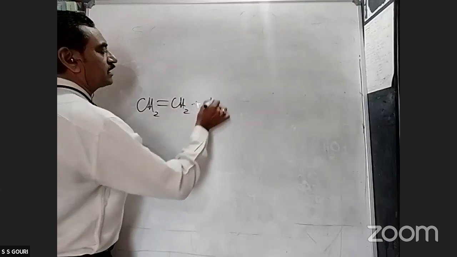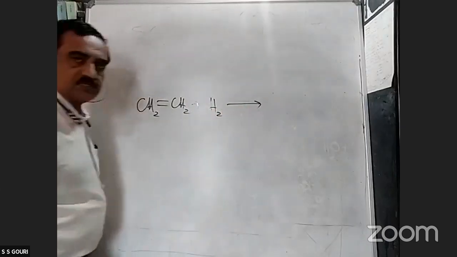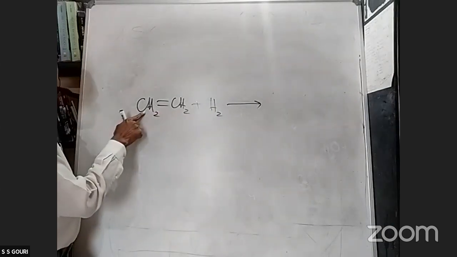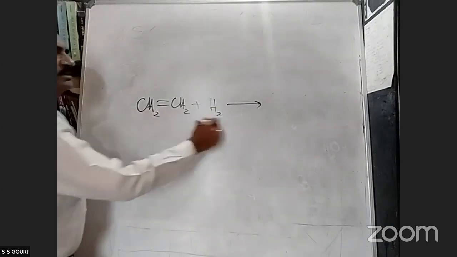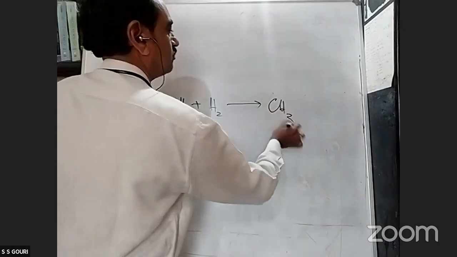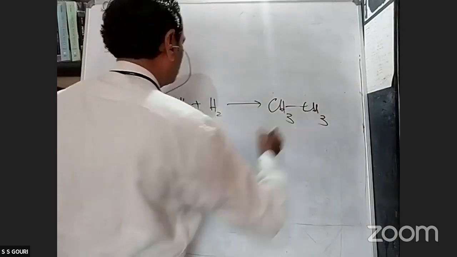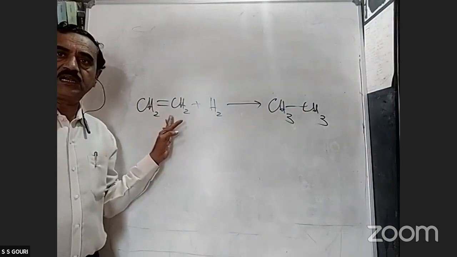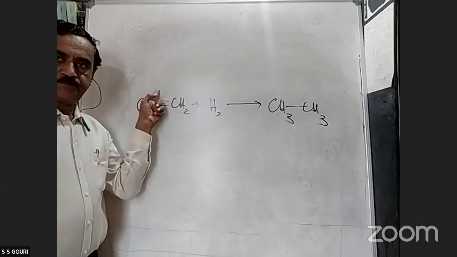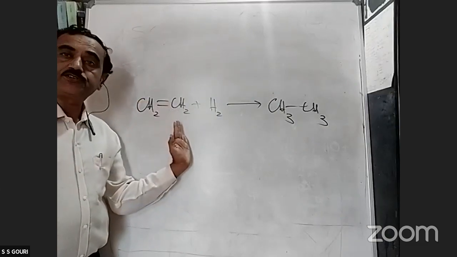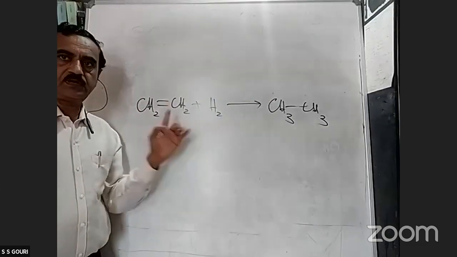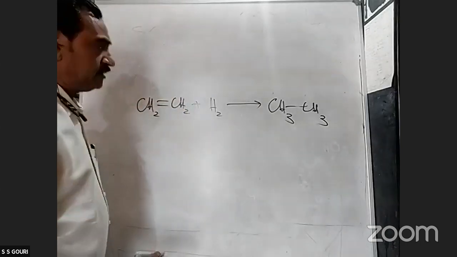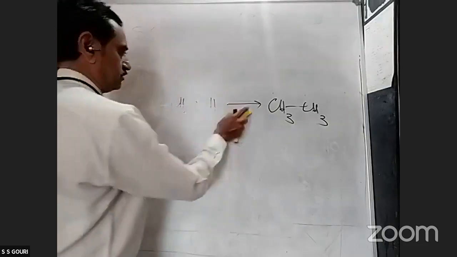When I make it react with H2 in presence of nickel catalyst, what happens? One H is added to this, another H is added to this, and it becomes CH3-CH3. We removed nothing from this molecule, we only added. This is called an addition reaction. You got the idea? Addition, elimination, and substitution reactions.